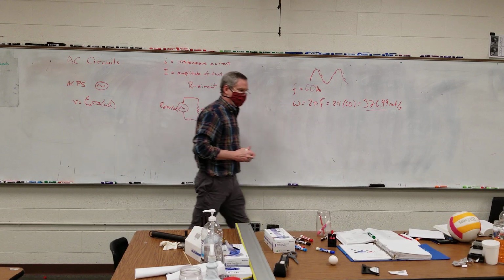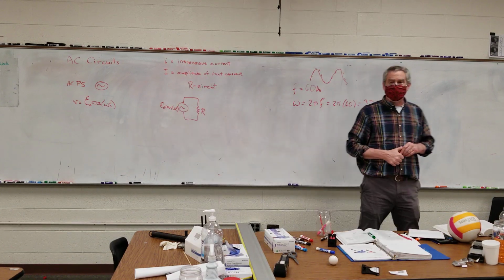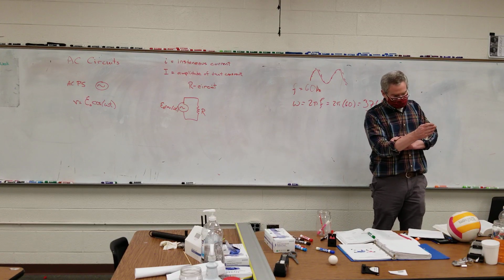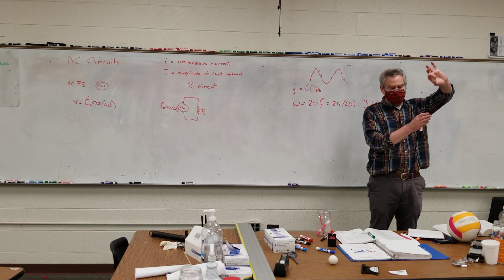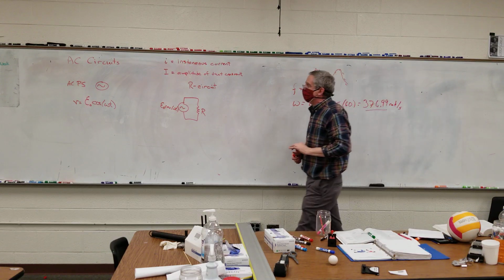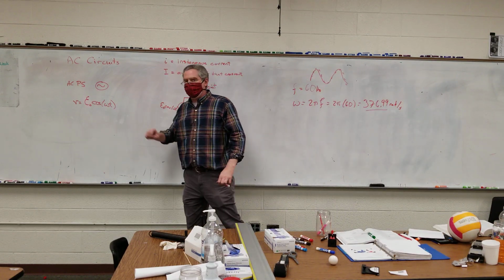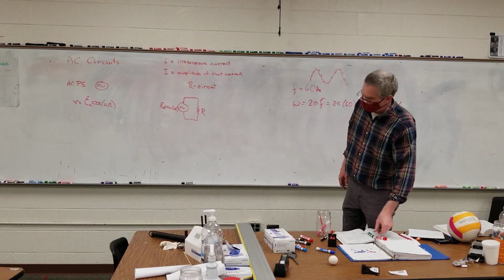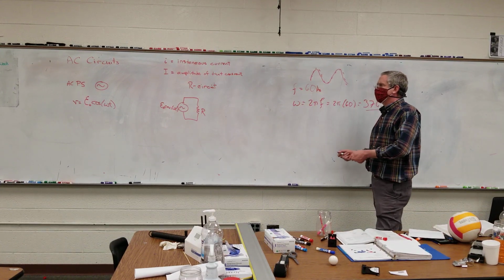I could throw a phase shift into it, and experimentally you will, because the odds of starting your graph perfectly when time is equal to 0, in other words, you're at your maximum when time is equal to 0, are slim to none when you're actually doing it experimentally. So technically there's a plus phi out there when you do that lab in 2 weeks, I guess, or a week from Thursday.